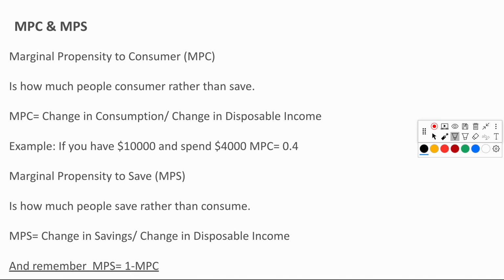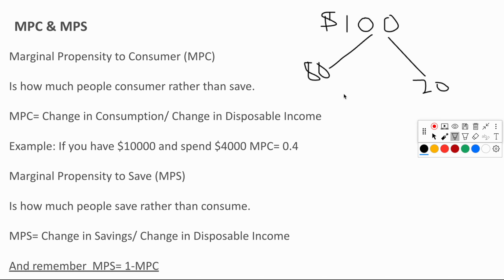Now we need to know marginal propensity to consume and marginal propensity to save. Marginal propensity to consume and save are simply how much you save and spend per dollar. So let's say I just earned $100 through my job, and I spend $80 and I save $20.